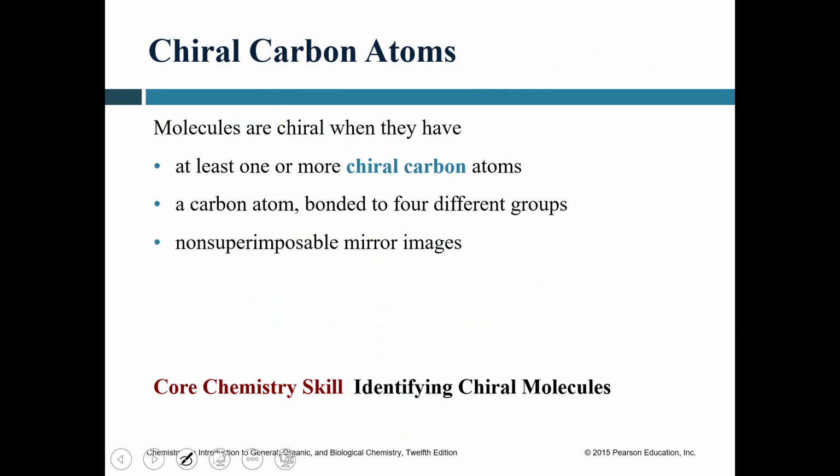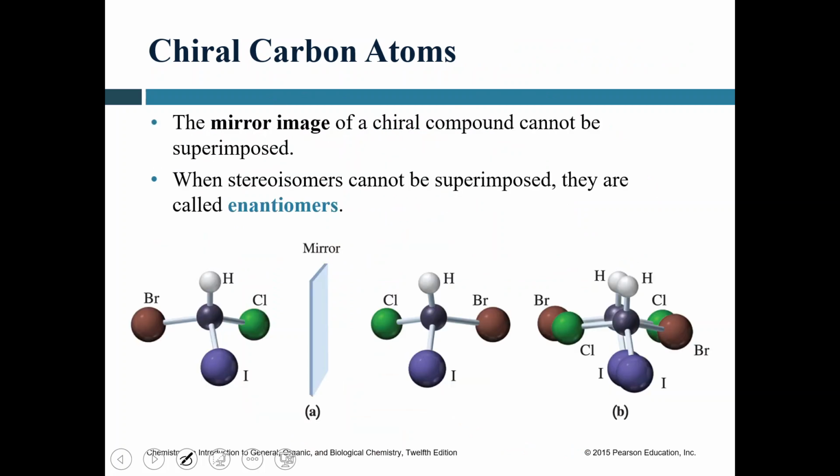When are molecules chiral? If they have at least one chiral carbon atom, a carbon atom bonded to four different groups, or non-superimposable mirror images. So, the mirror image of a chiral compound cannot be superimposed on the original compound.